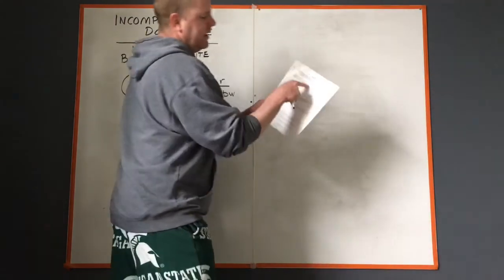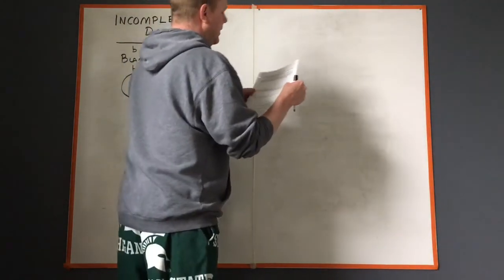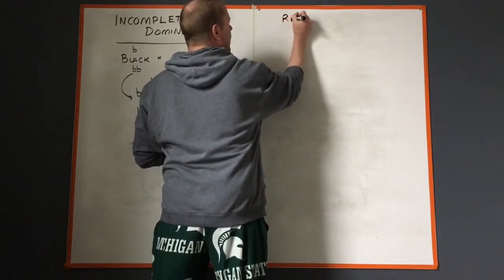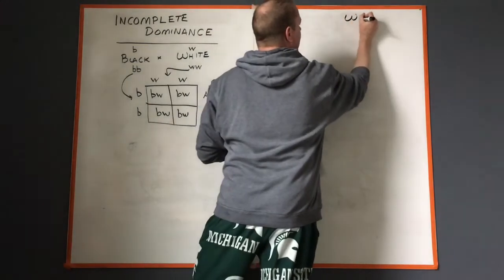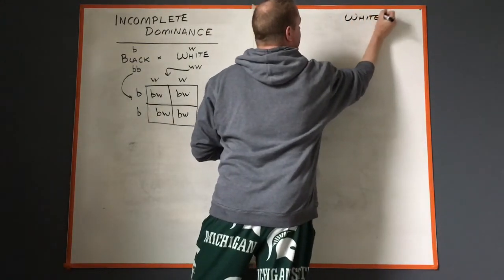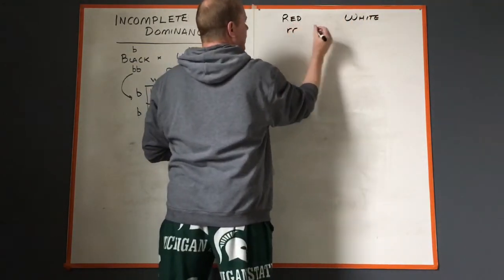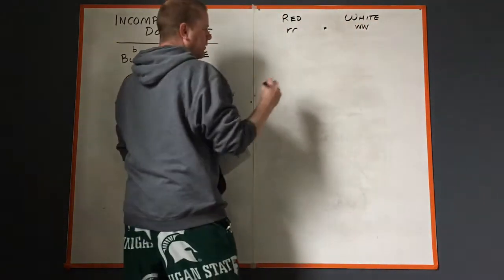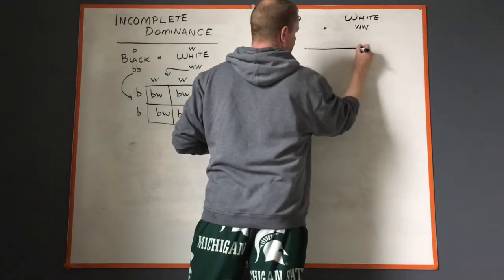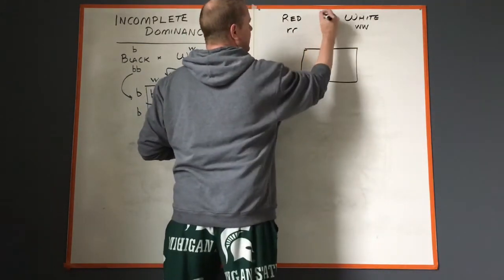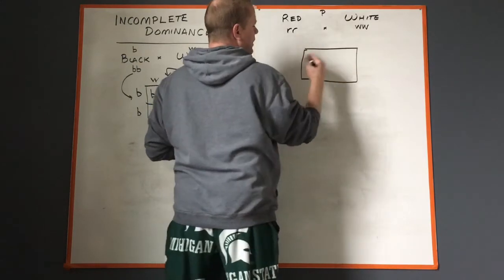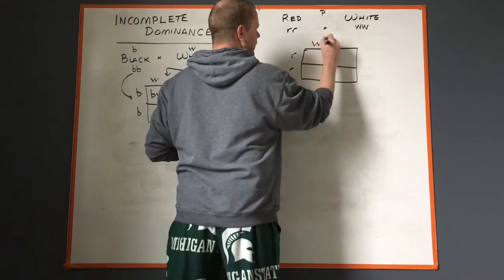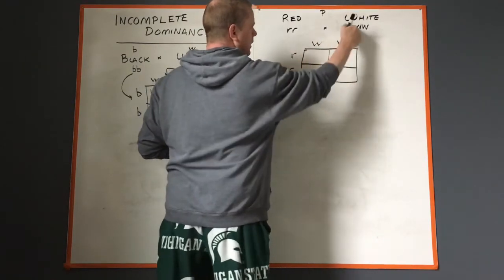So let's show you that in this space right here, all right? So what it's saying there is if you had a red organism and a white. Now, this is incompletely dominant, so again, we're going to allow little r to be that, and little w. And so just like over here, if this was your P generation, your parents, you would end up with little r, little w, right here and there.